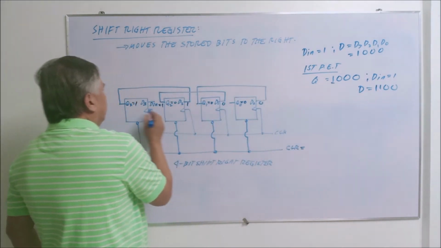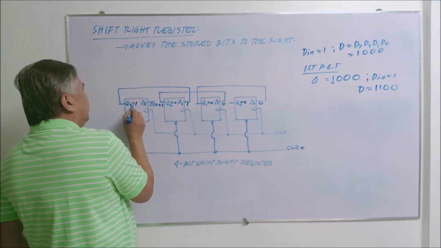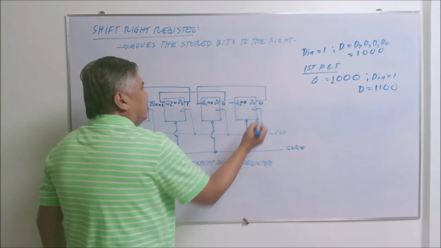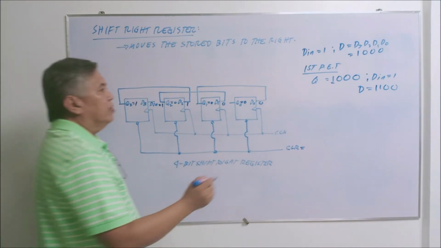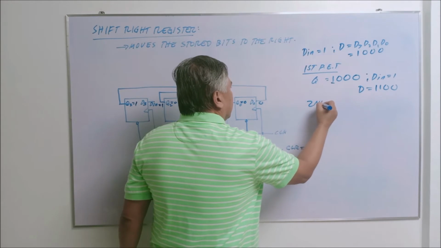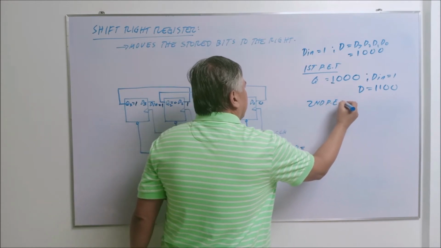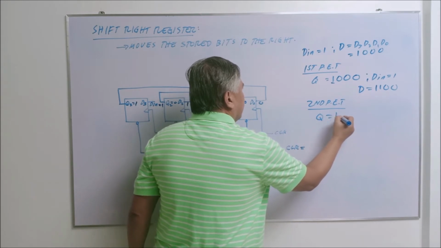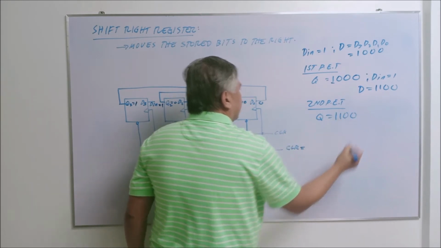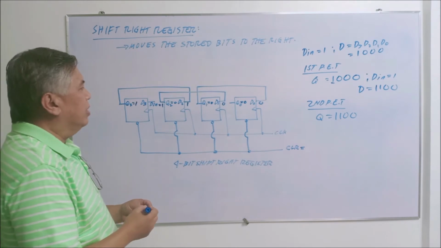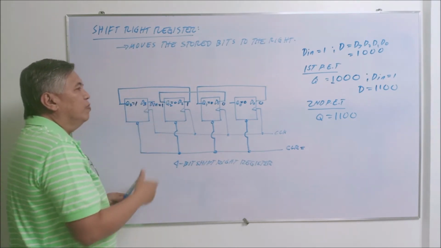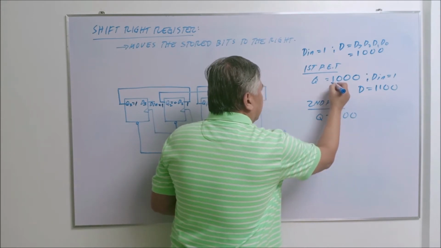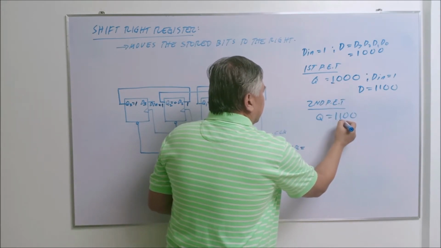On the second positive edge triggering of the clock, again, D implies Q, so Q will have a value of 1, 1, 0, 0. If you notice, the value of your D input is moving to the right. First it is here, and then it moves to the right, and so on and so forth.